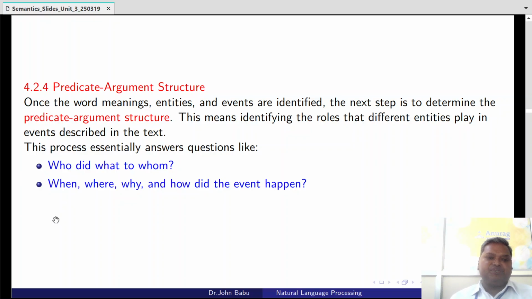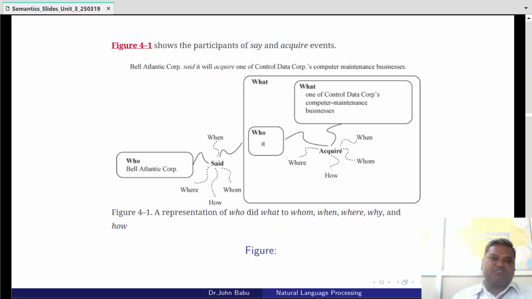This is simply, when we are given a sentence, who did what, to whom it has been done, when, where, why, how of that event. This is known as the predicate. And we have to analyze this predicate argument structure for better semantic representation.